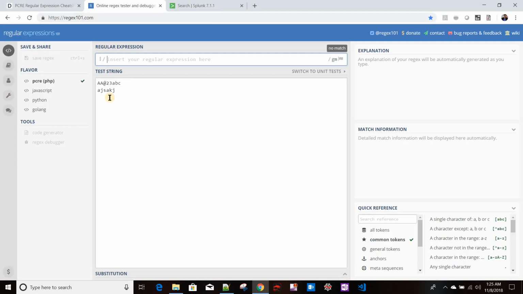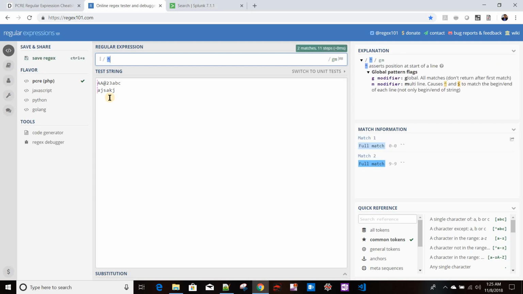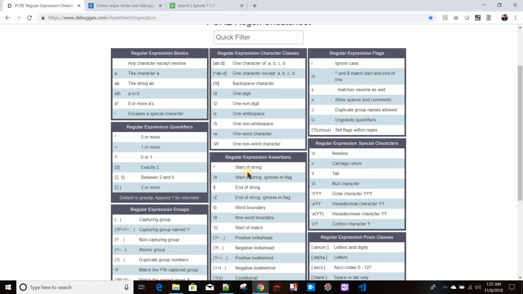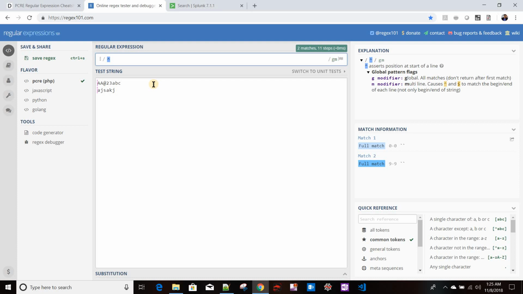As you have seen before, this hat matches the beginning of the string, the start of the string, and this dollar matches the end of the string.